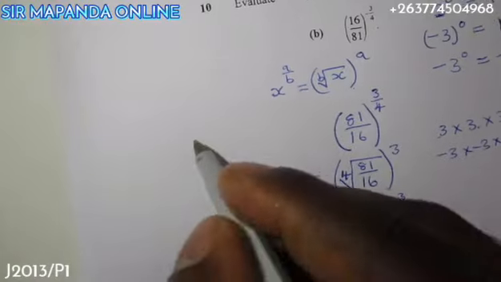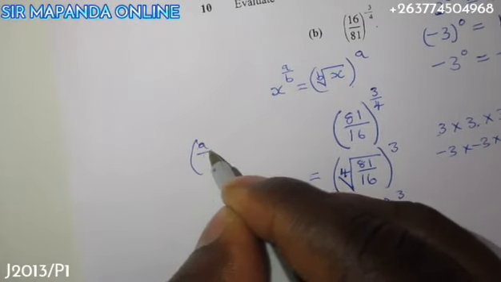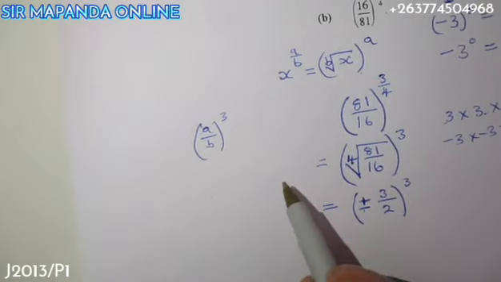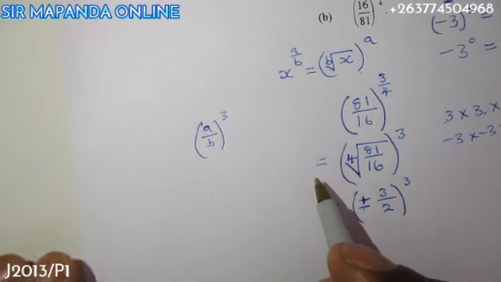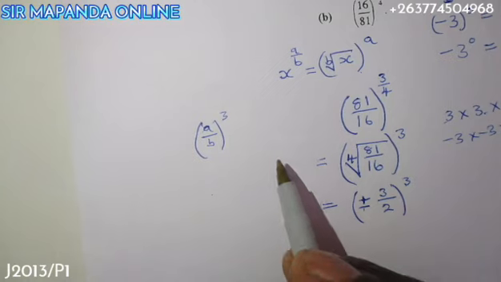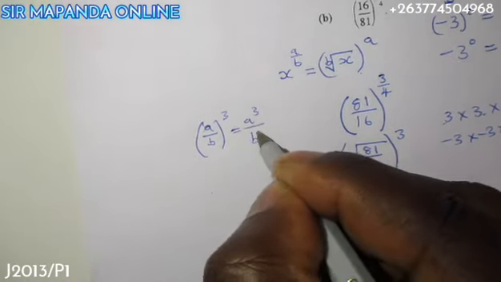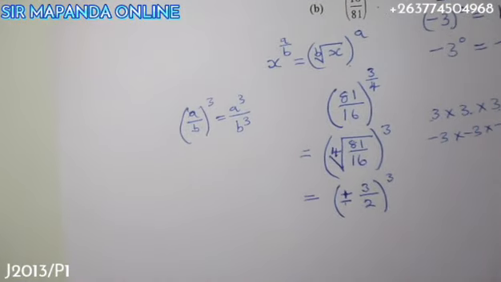Then we have this law of indices, which says that if you have 3, it raises both the numerator and the denominator. So you get a to the power of 3 divided by b to the power of 3.